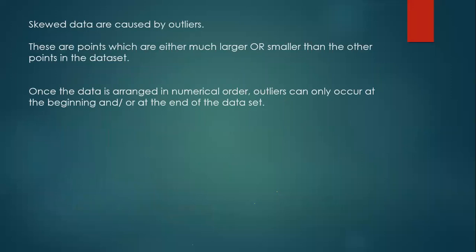As I was saying, skewed data are caused by outliers. These are points which are either much larger or smaller than other points in the data set. Once the data is arranged in numerical order, outliers can only occur at the beginning and or at the end of the data set.